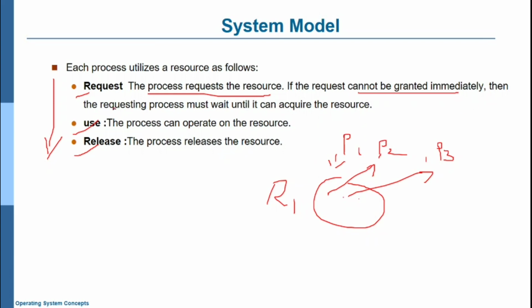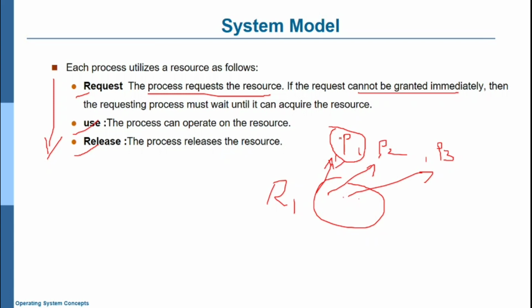Then the process has to request the concerned resource type to allocate the resource when it is released. The requesting process must wait until it acquires the resources, so P1 has to wait in the waiting queue until P2 and P3 release the resources.